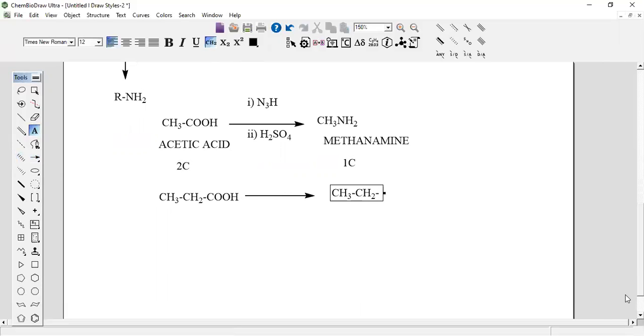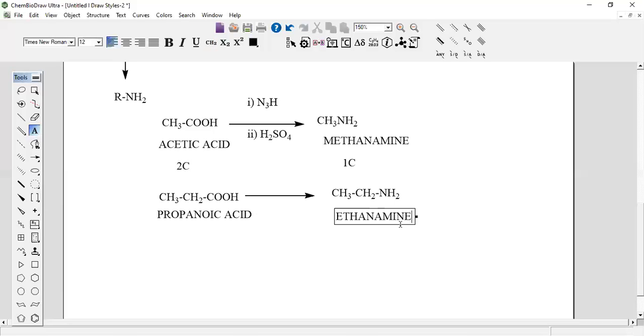This is going to be the product. Can you tell me the name of the reactant? Propanoic acid. What is the name of the product? Ethanamine, because it has 2 carbons. Okay, I think you understood the reaction.